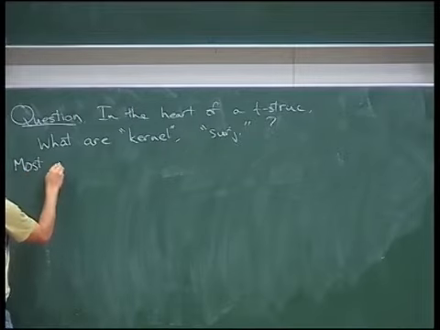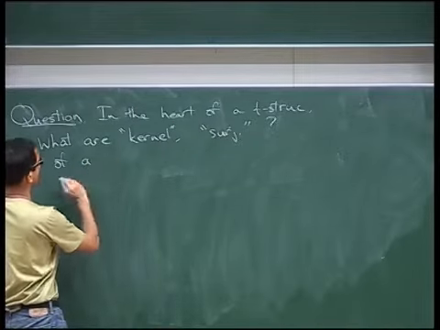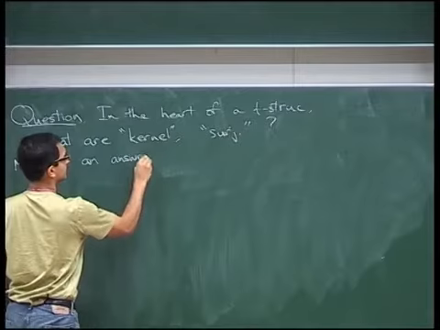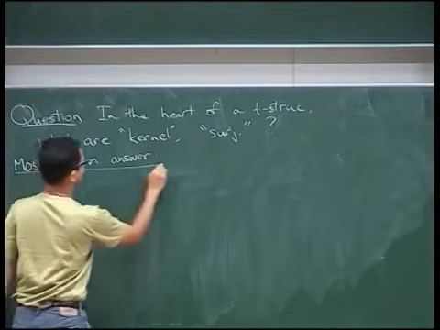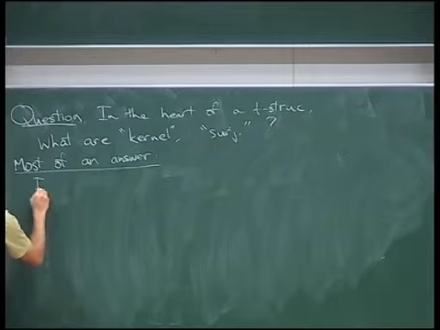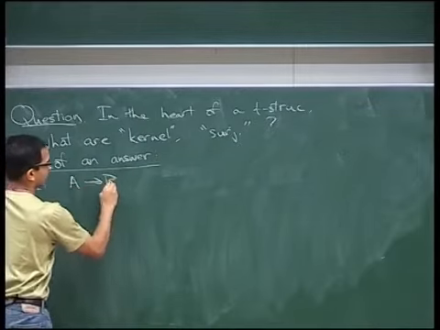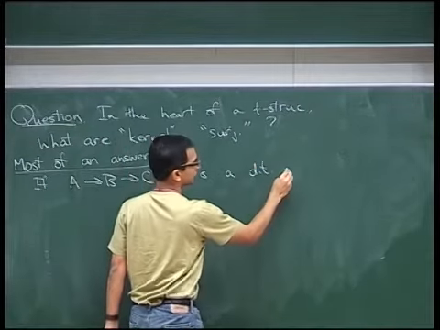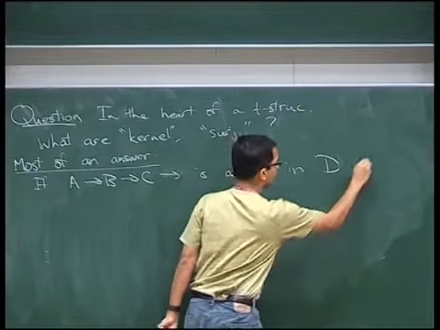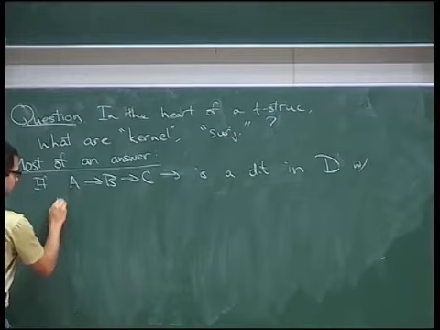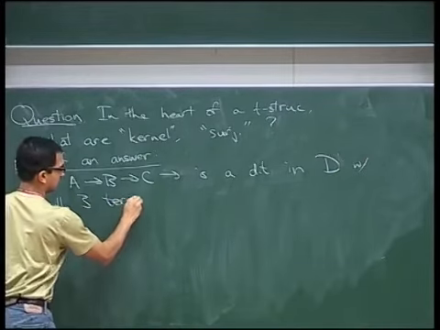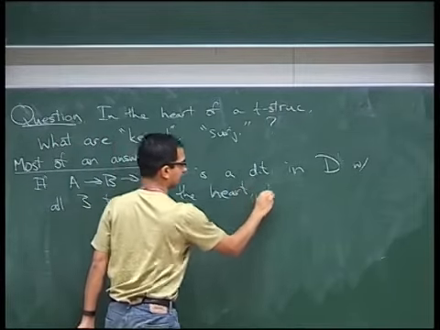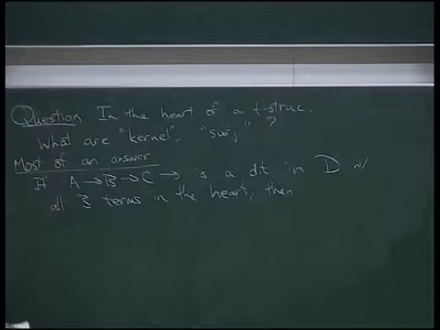Well, here's most of an answer. Here's something that I think of as a concise way to understand what's going on. If A, B, C is a distinguished triangle in the triangulated category with all three terms in the heart, then that basically is a short exact sequence in the heart.